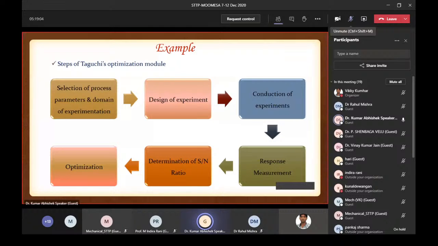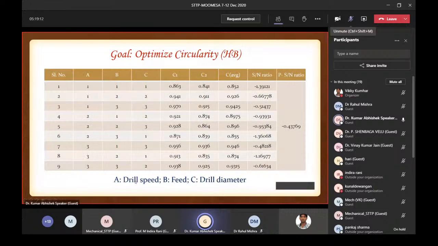Suppose you have three factors such as drill speed, feed, and drill diameter, and you have to design the experiment, and on the basis of it you compute the circularity average. Then you have to find out which parameter has the most significant effect over the output, and what is the optimal combination for the optimization of the circularity.